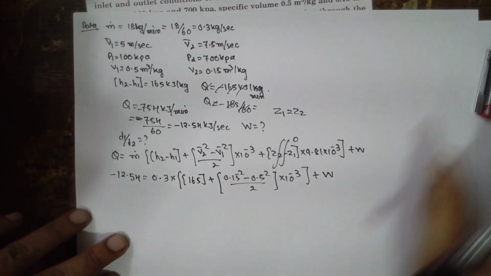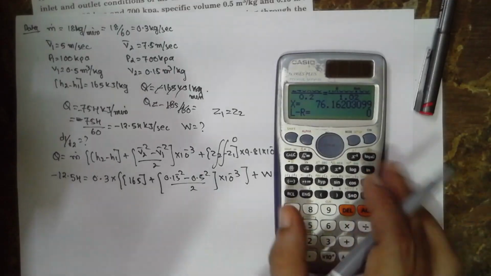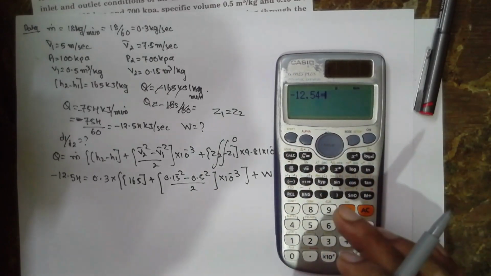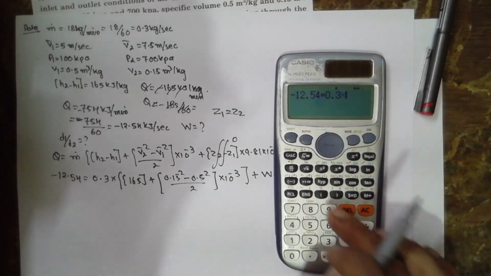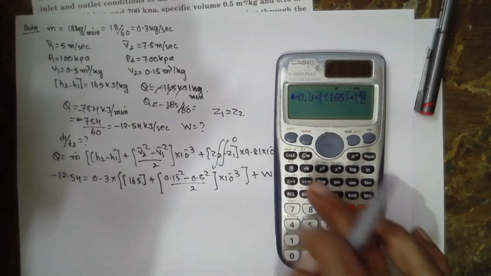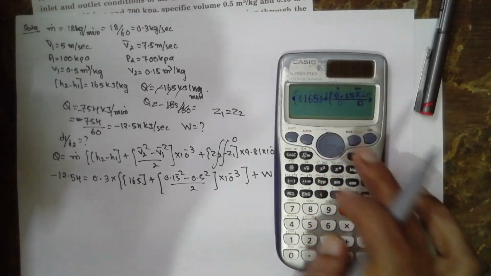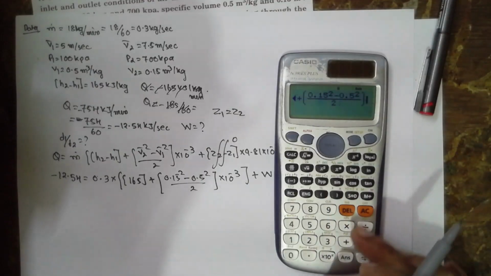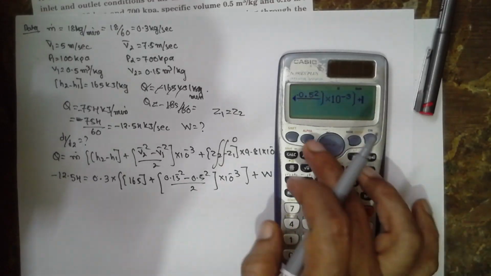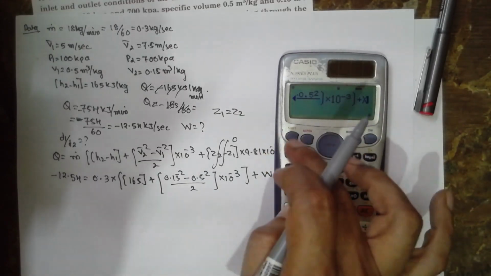Now use the calculator and find out the answer. Minus 12.54, alpha is equal to 0.3 into 165, close the bracket, plus 0.15 square minus 0.5 square divided by 2 into 10 raised to minus 3, close the bracket, plus alpha plus x, alpha into x. Shift solve is equal to.